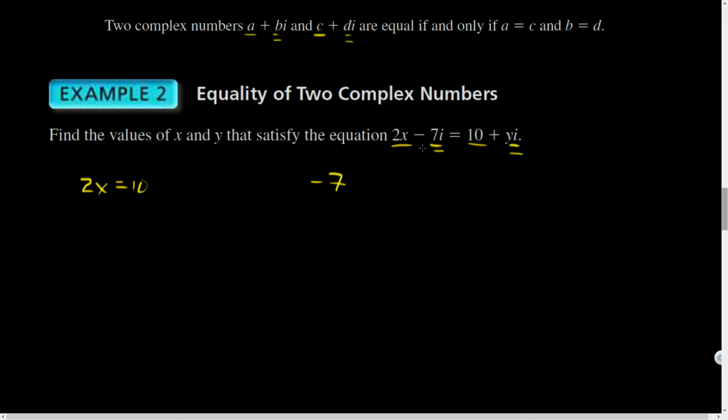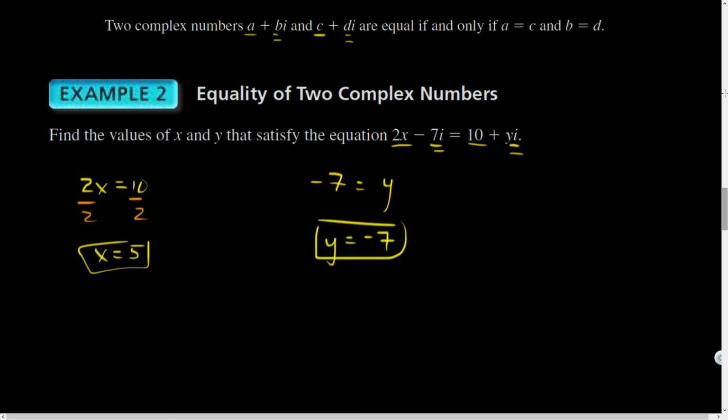And so I'm just going to take the -7 and set that equal to y. So if I solve these now, I can just do regular algebra, and I'd get x is equal to 5, and over here this one's technically already solved. y equals -7.